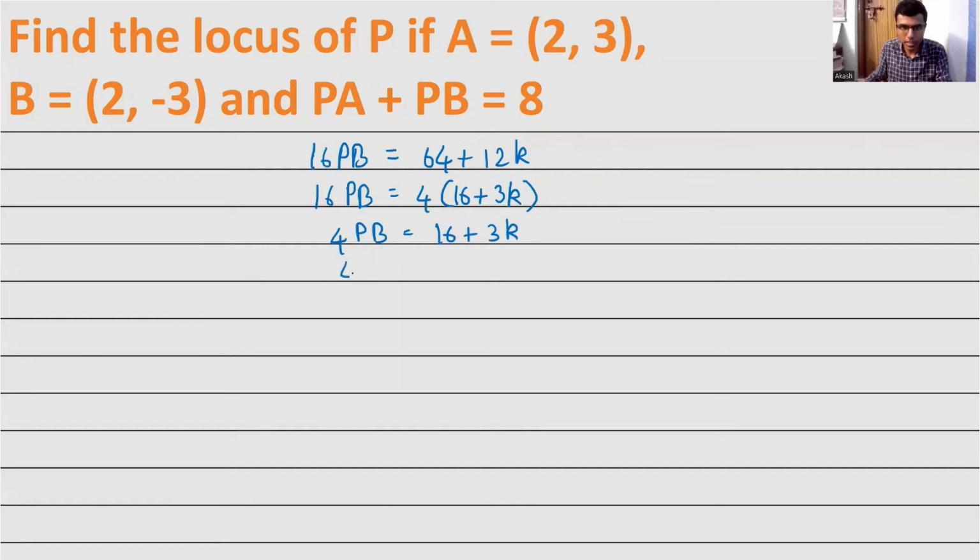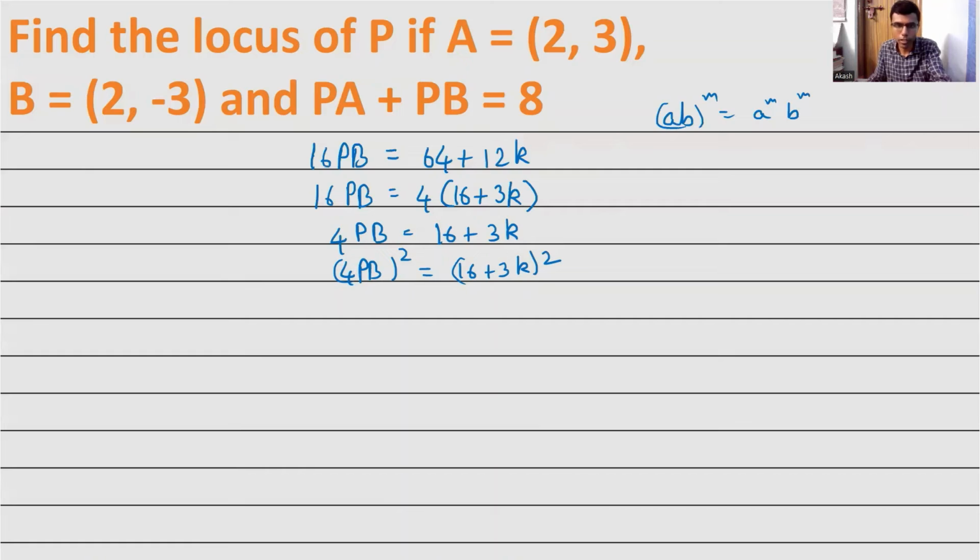Now square on both sides, guys. Remember, you require focus to do questions on locus. So stay focused all the time. 16 plus 3k whole square. AB whole power m is equal to A power m into B power m.